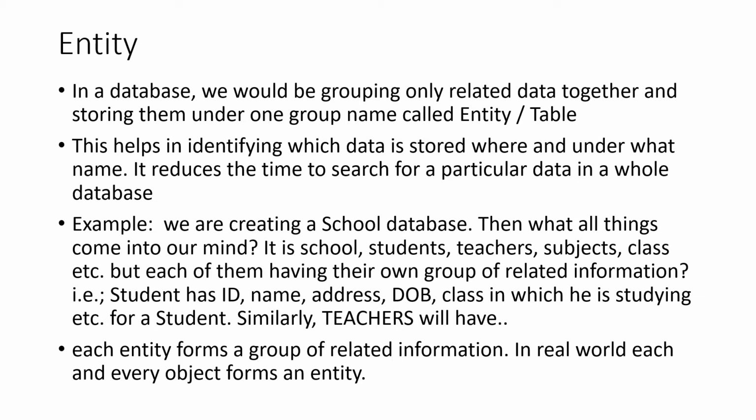Okay, so for a particular entity, there will be some number of attributes related to it. So each entity forms a group of related information. In the real world, each and every object forms an entity.